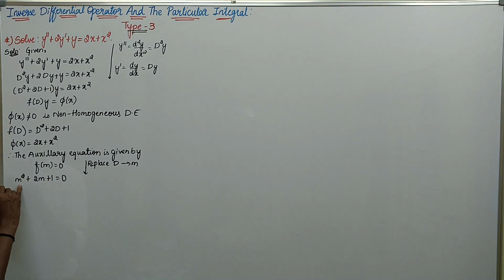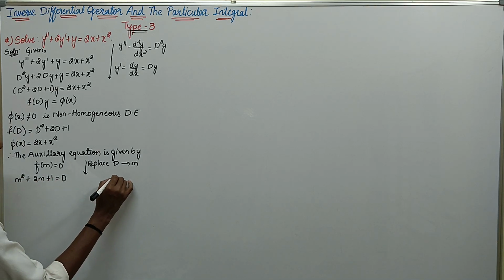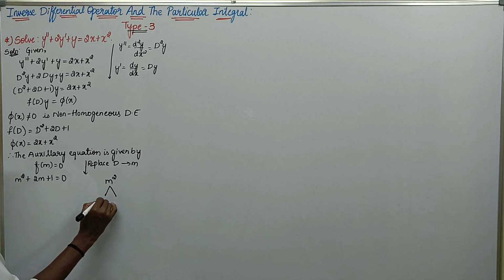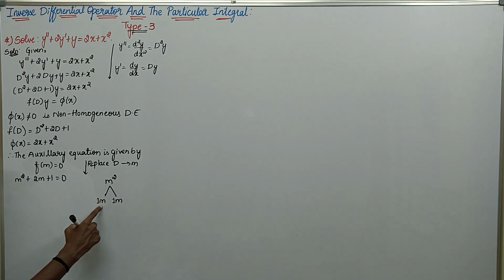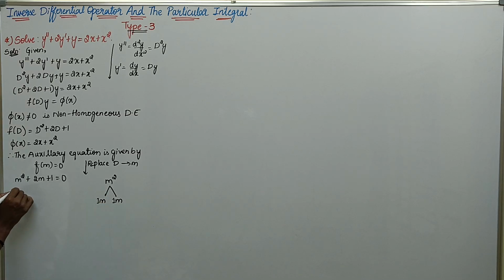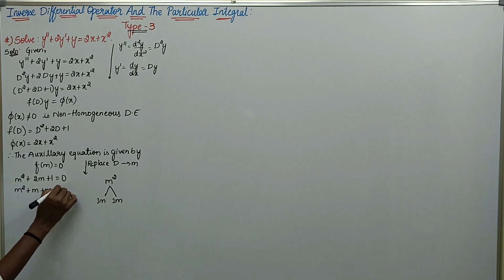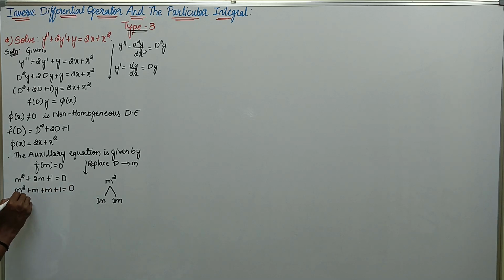You can factorize: m square plus m plus m plus 1 equal to 0. Take common, m is common, m plus 1.